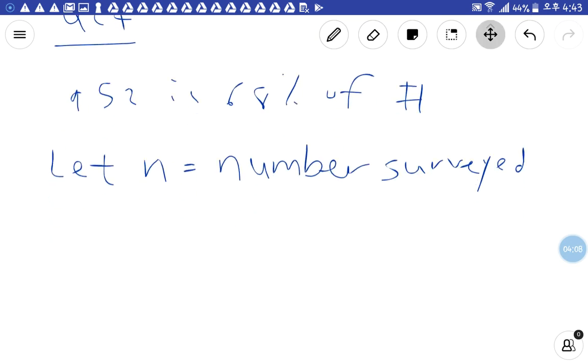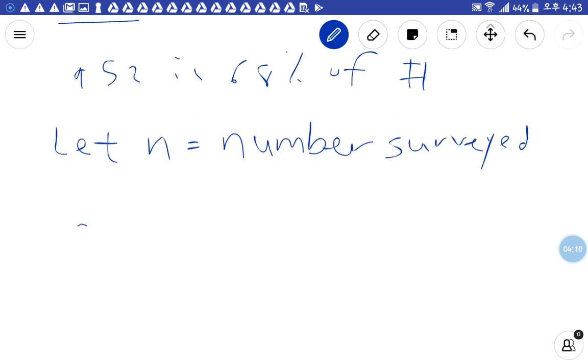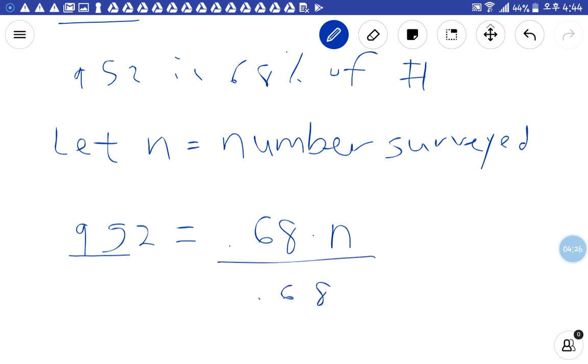Now, how can we set it up? 952, the equal sign, 68% changed to a decimal, 0.68, times the letter n. Now what do we do? Divide by 0.68 on each side.